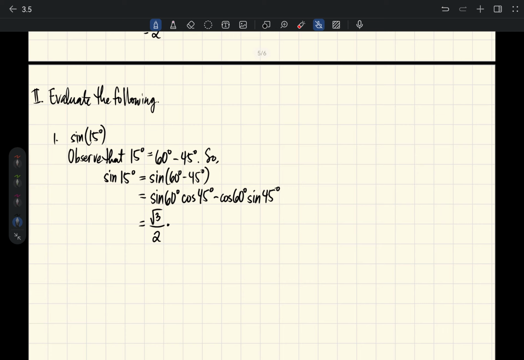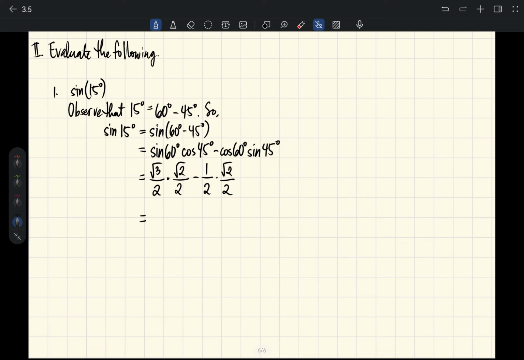Then cosine of 45 degrees, that's square root of 2 over 2, minus cosine of 60 degrees, that's 1/2, and sine of 45 degrees is square root of 2 over 2. Then finally, simplifying, we have square root of 6 over 4 minus square root of 2 over 4, which is just square root of 6 minus square root of 2 over 4.